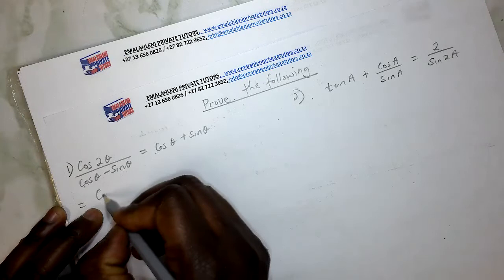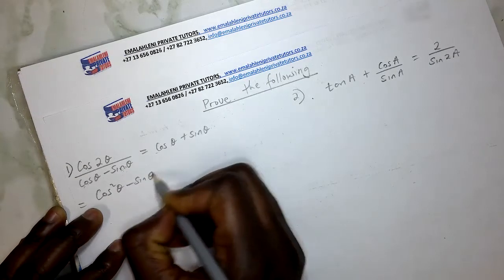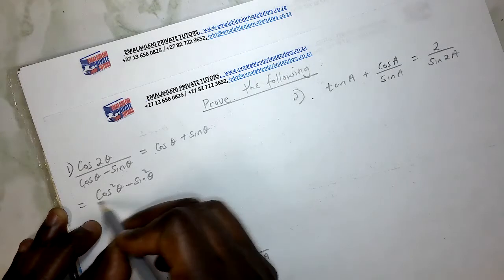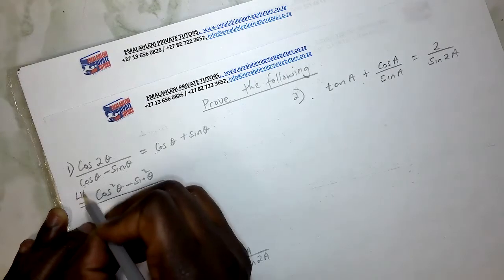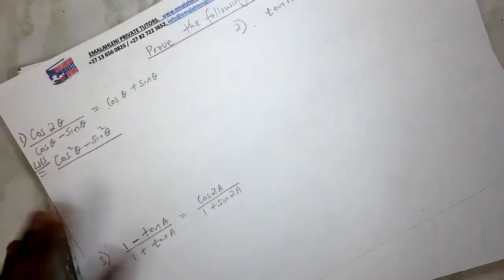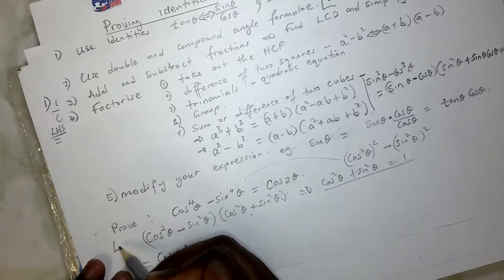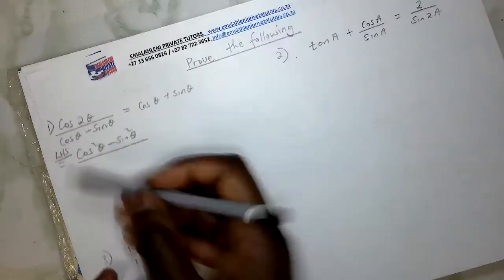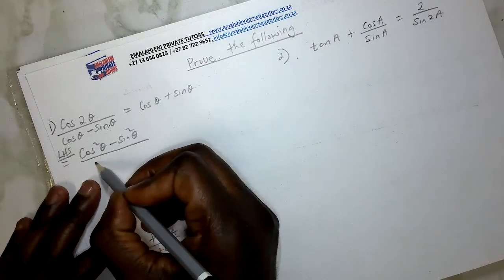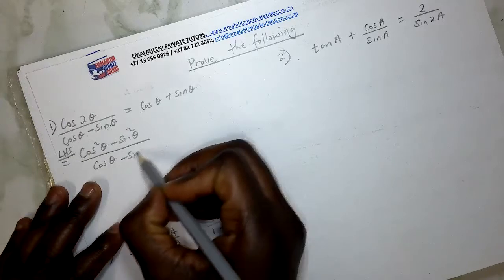We're going to take cos squared theta minus sine squared theta over cos theta minus sine theta, writing the left hand side. You need to indicate which side you are coming from, so it's LHS. You're proving LHS.